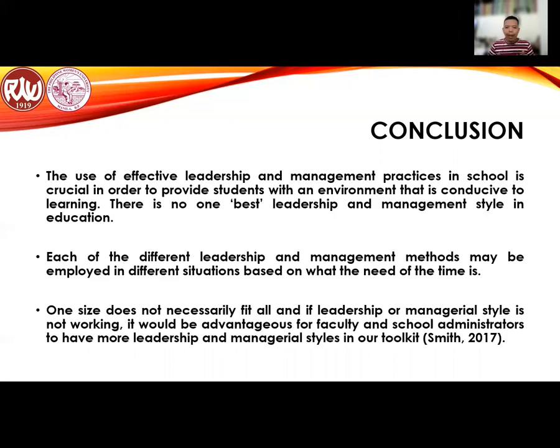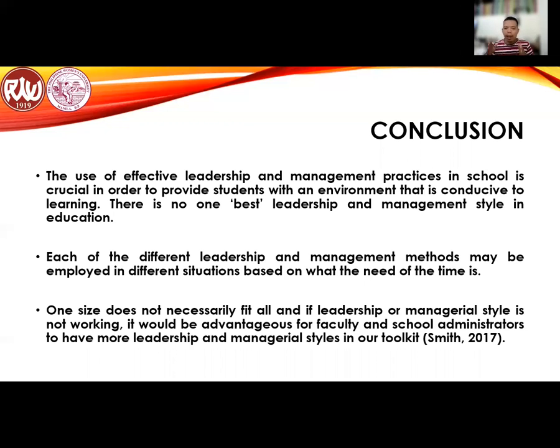So if you are wondering why leadership is important in education, you should have a clearer idea now. The use of effective leadership practices in school is crucial in order to provide students with an environment that is conducive to learning. There is no one best leadership style in education.